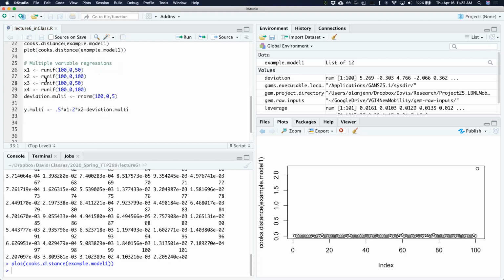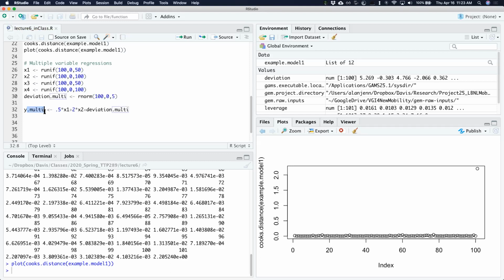Here we're doing the same thing where we're drawing 100 points from a random uniform distribution. So x1, x2, x3, x4 are going to be slightly different. x1 and x3 are between 0 and 50, and x2 and x4 are between 0 and 100. Obviously the random draws are going to make them different. And then we're going to have a deviation, which is essentially our random error term that we're also introducing into this model.